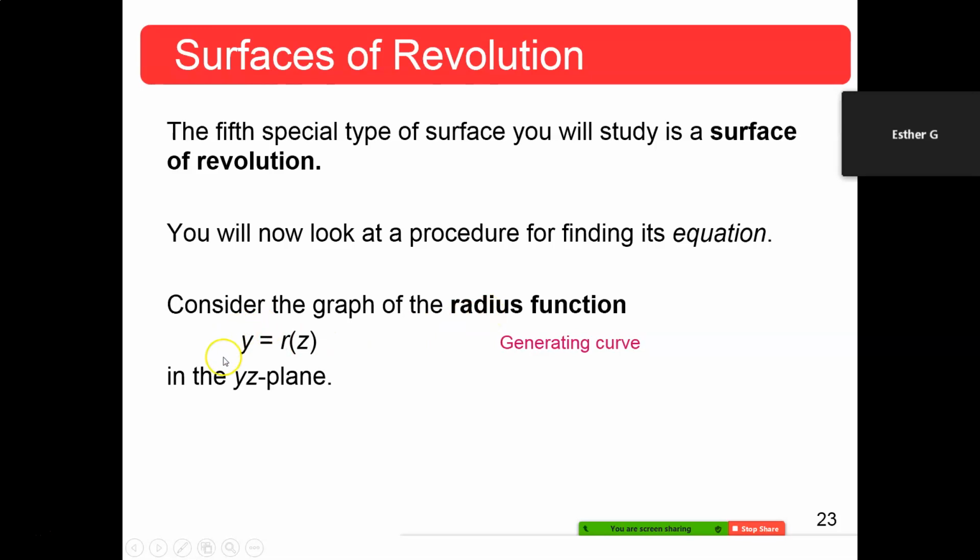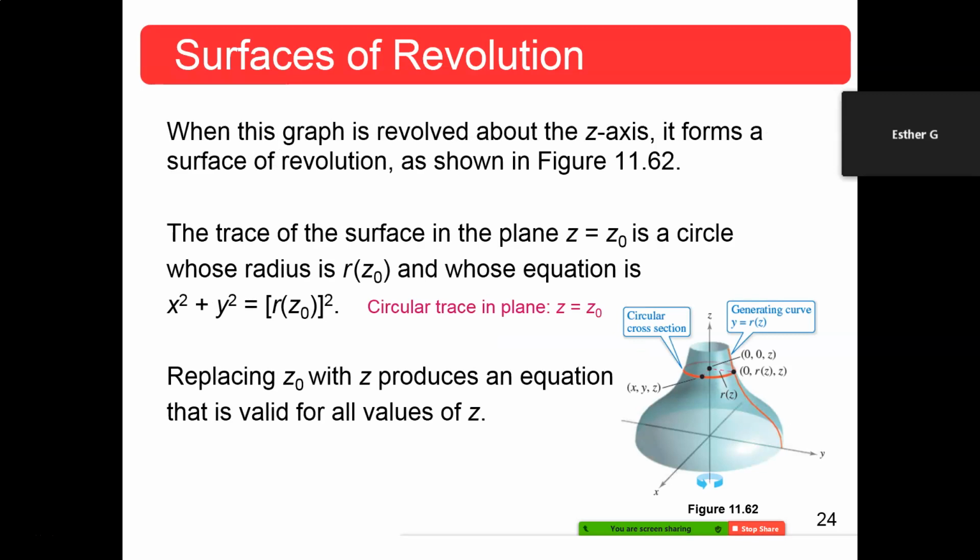So this is going to be a function in the yz plane. That's what gives that away. Meaning x is not going to enter the picture here directly. I'll put it that way.